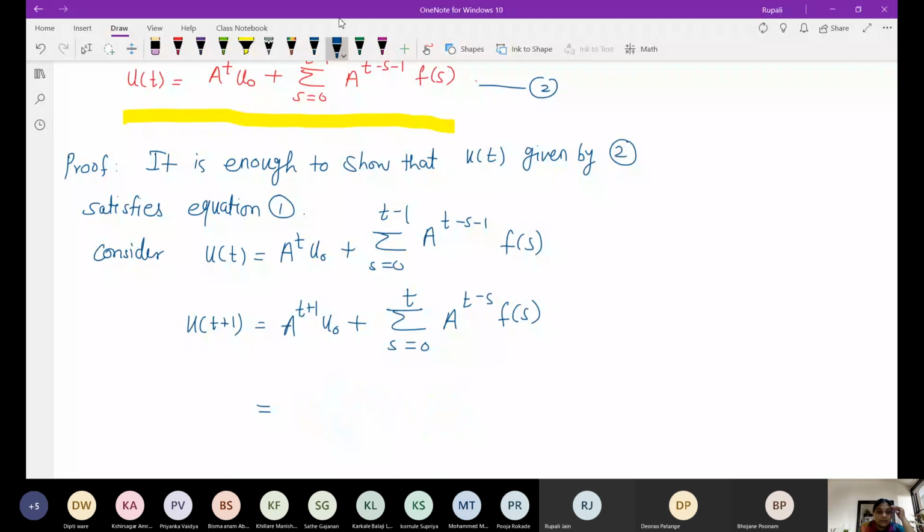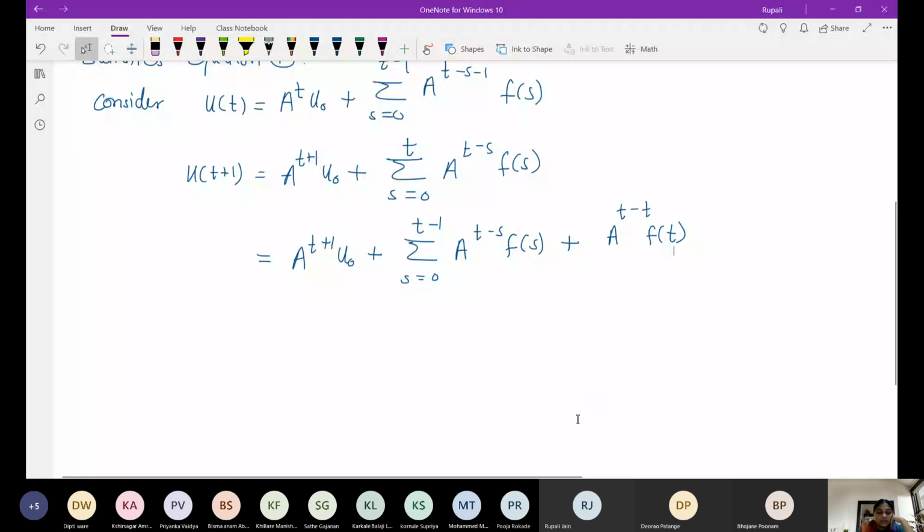Before going to that step, let me write a raised to t plus 1 u0 plus summation s is equal to 0 to t minus 1 a raised to t minus s f of s plus the last term. What is the last term? For s is equal to t, it means a raised to t minus t f of t. Is that right? This summation I have split into two parts: s is equal to 0 to t minus 1 and the last term s is equal to t. Is that okay?